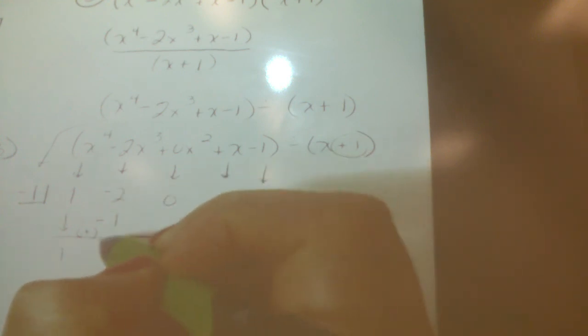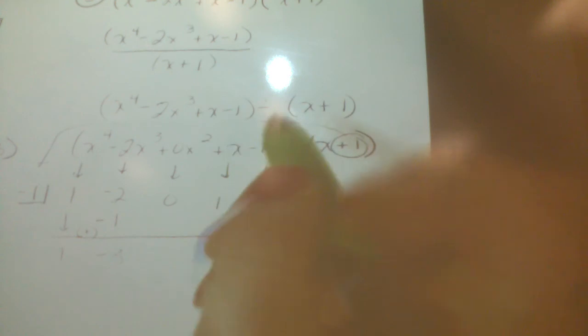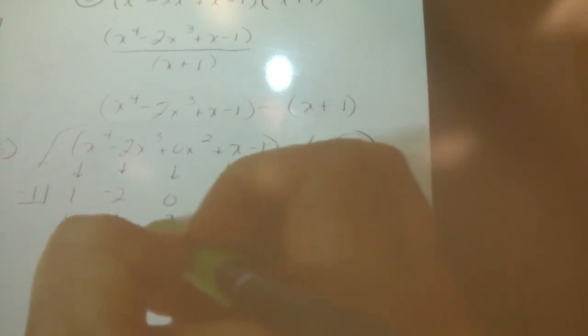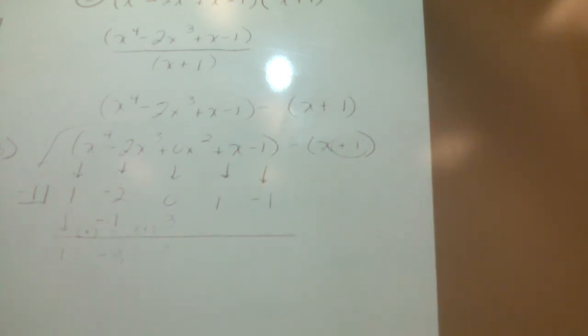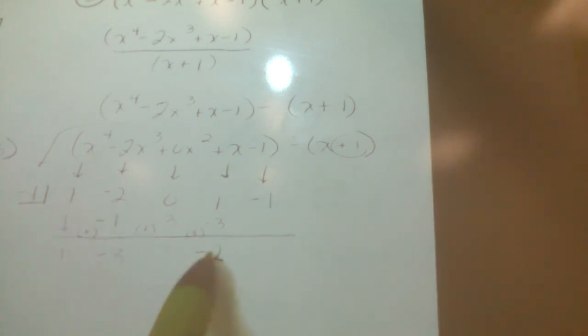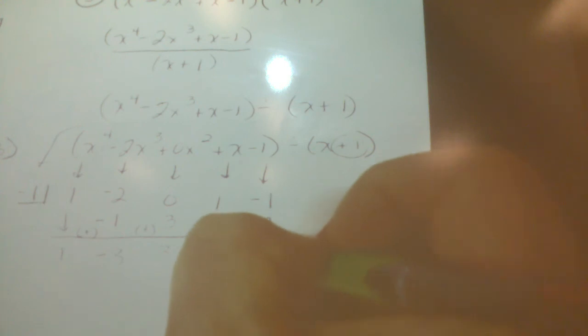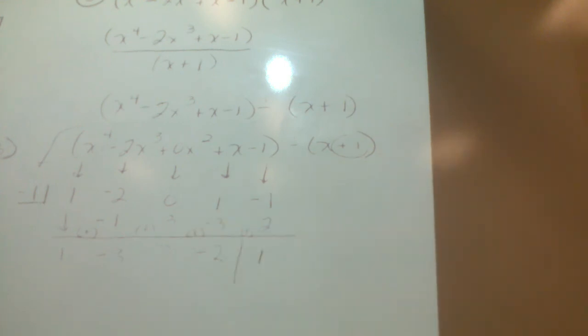Let's add that up. -2 plus a -1 is -3. -1 times a -3 is a +3. Add that up. That gives us 3. -1 times 3 is a -3. Let's add that up. That's giving us -2. And -1 times -2 is a +2. Add that up. Well, this time I'm getting a remainder of 1.